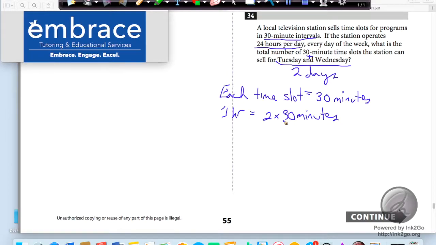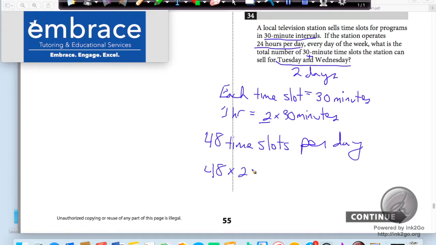So if I'm aware that 1 hour equals 2 times 30 minutes, and if I have 24 hours per day, then realistically I have 48 time slots per day, right? And I know that I'm also dealing with 2 days. So really this would be 48 times 2, which altogether would be a total of 96 time slots if I'm including the Tuesday plus the Wednesday. So 96 time slots is going to be your best possible answer.